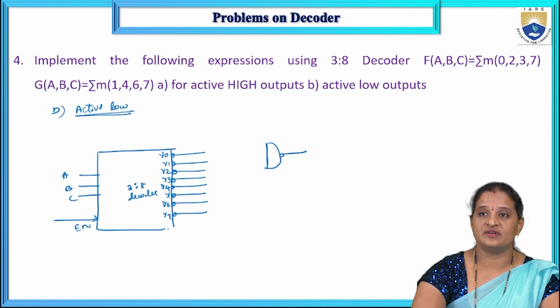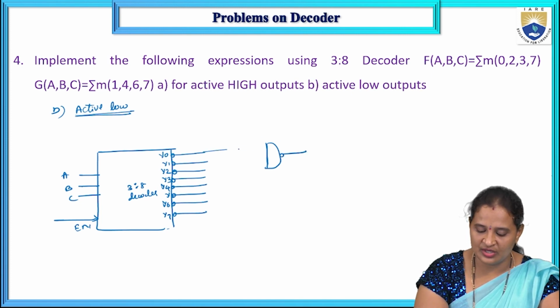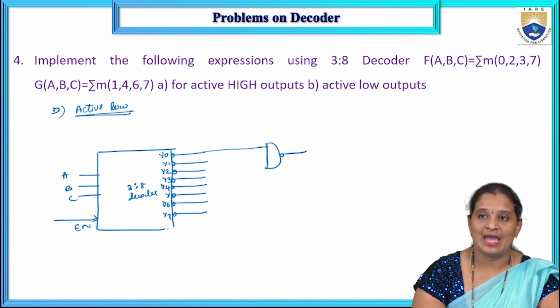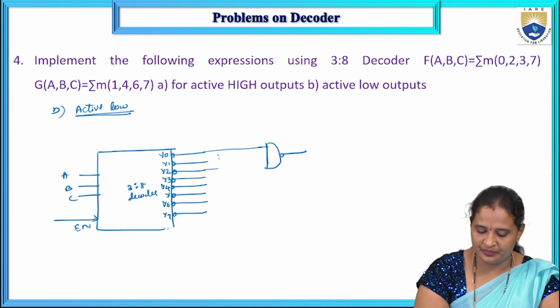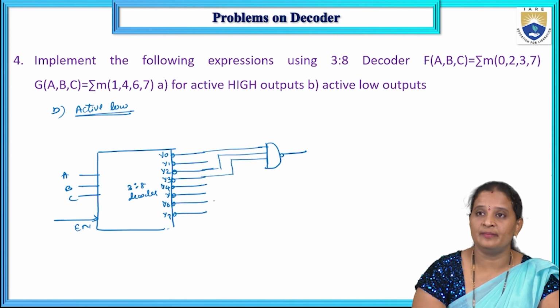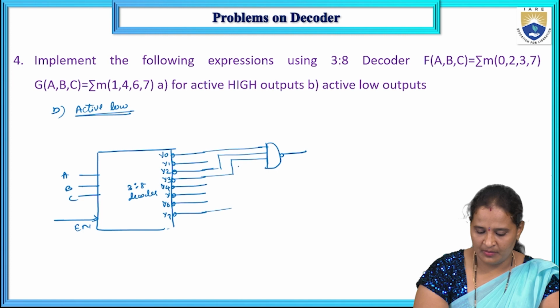For the first NAND gate, connect 0, then 2, 3, and then 7.